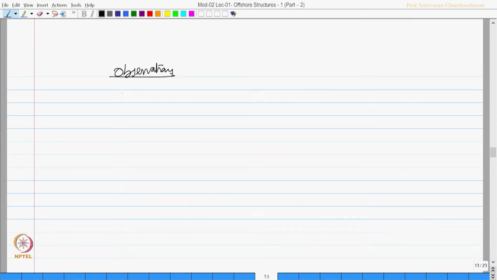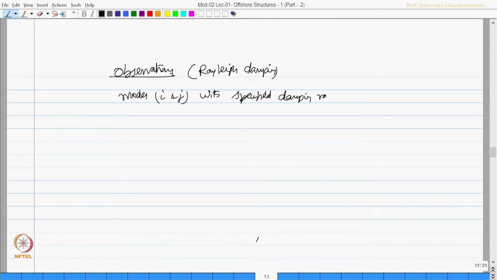In applying this procedure of Rayleigh damping, the modes i and j with specified damping ratio should be chosen.